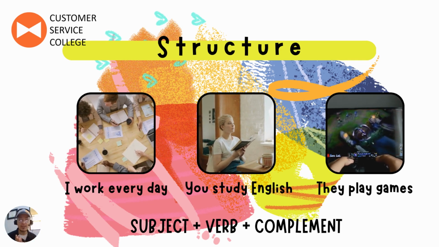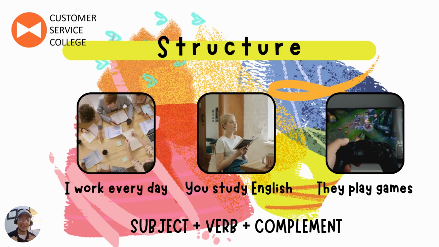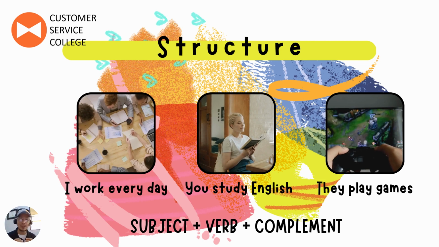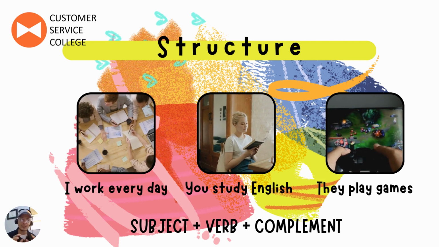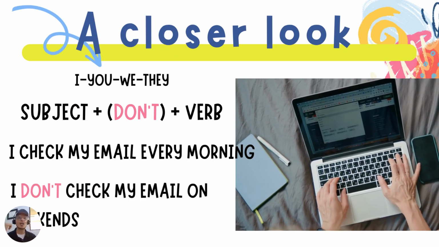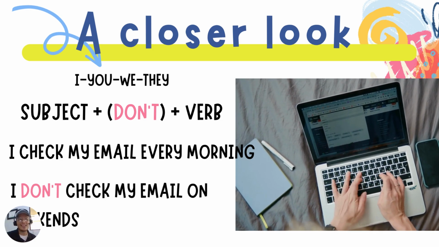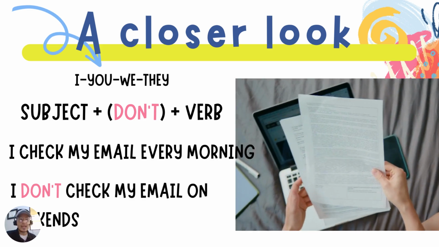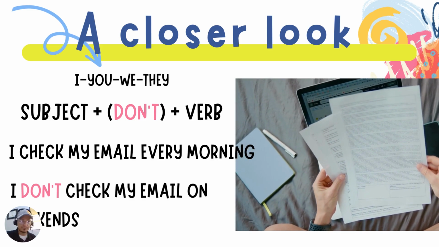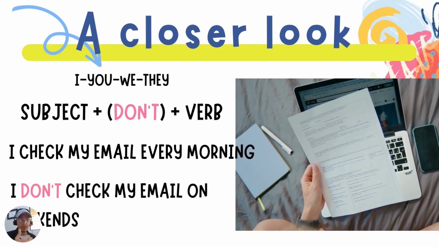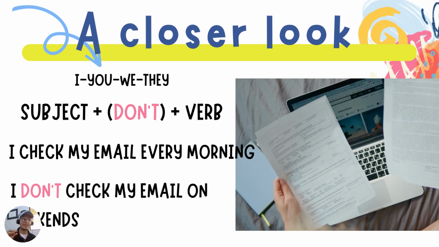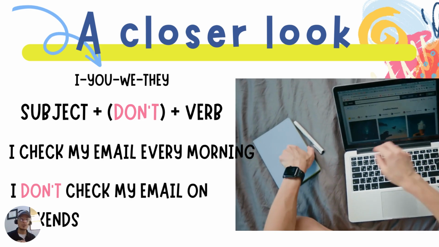So, one of the most important ideas behind the simple present is, of course, verbs. But before we check some verbs, let's take a closer look at this very important grammar. When you create a sentence in English in simple present, you have your grammar structure, and the grammar structure is as follows.